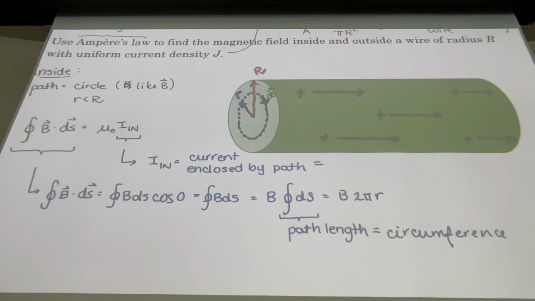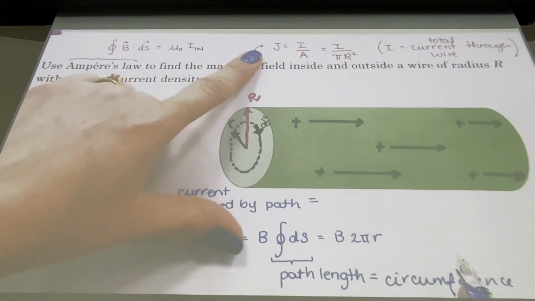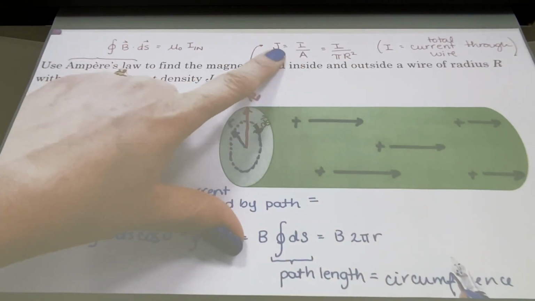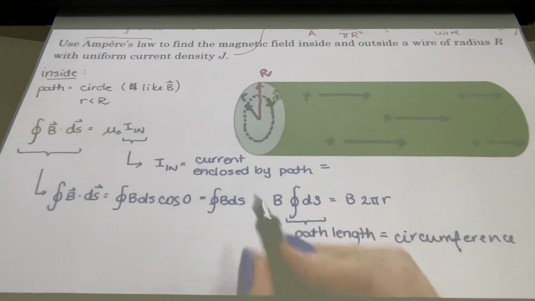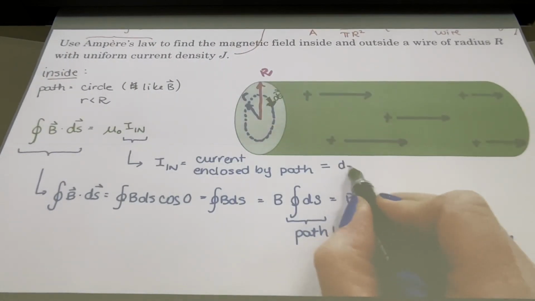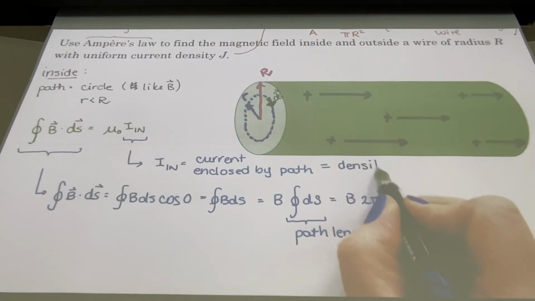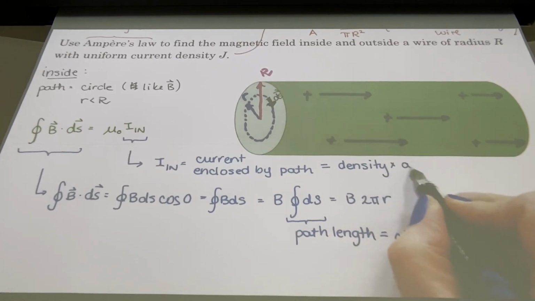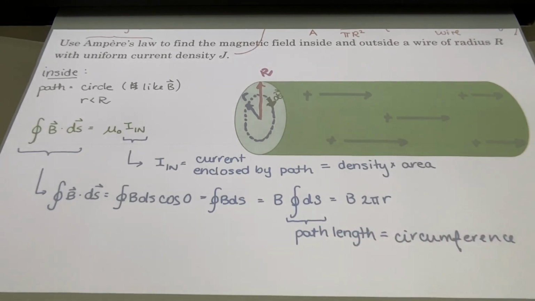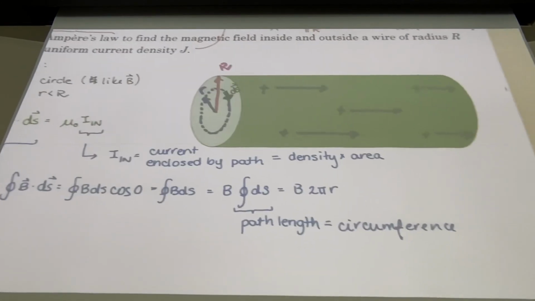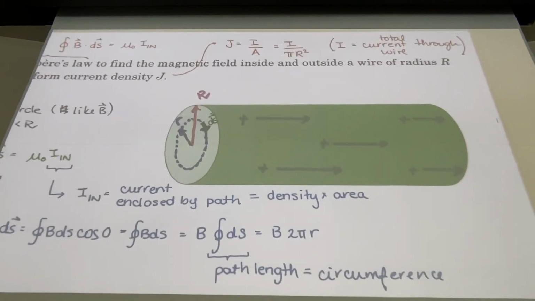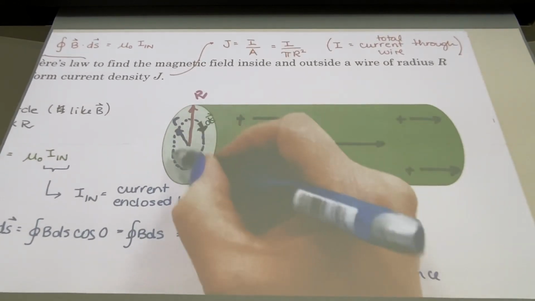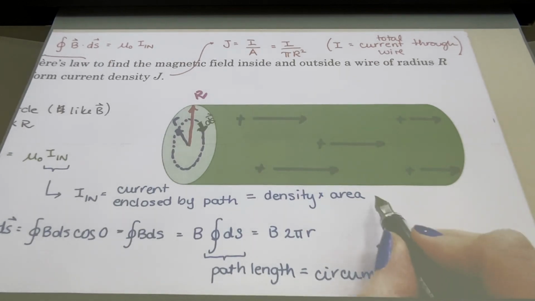If we want to find the amount of current, we can use our idea of current density. Current is density times area. So to get the current enclosed by the path, we'll do the current density, which we know, and multiply it by the area enclosed by that path.